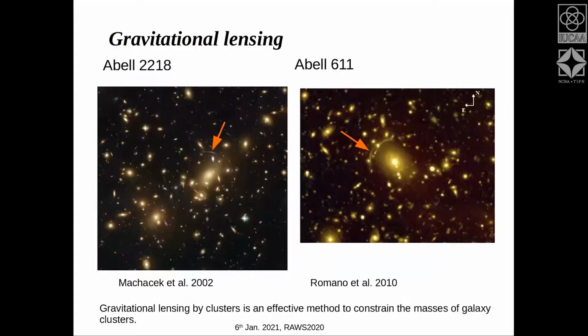So these are other examples of gravitational lensing. These are two clusters, and in the optical images you can see a very common presence of these arcs, which is due to the distortion introduced by the gravitational lensing.